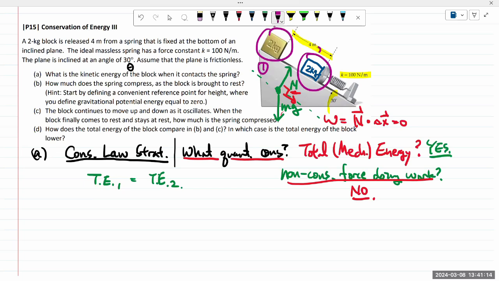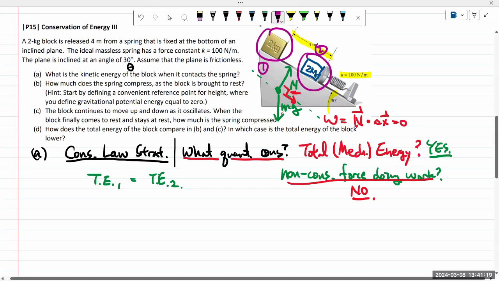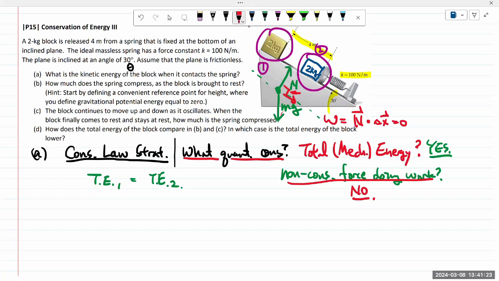This is our snapshot 2. So we write down. Let me define my y-axis in this way. I'm going to define it such that this is y equal to 0. So I really only have to worry about the height of the block initially, and at the end of the sliding it'll be at 0 height.